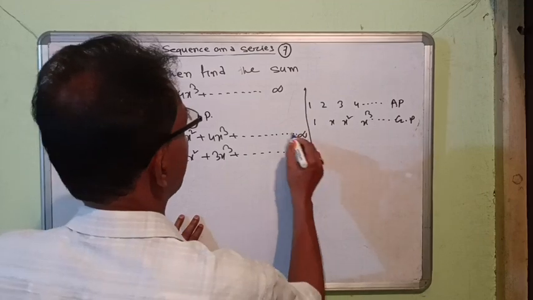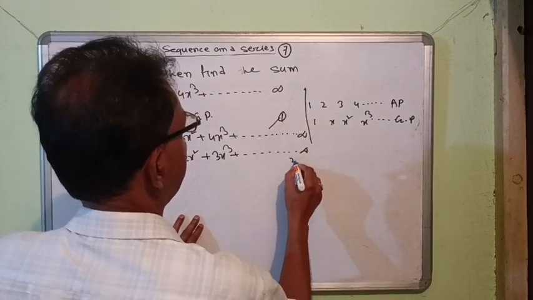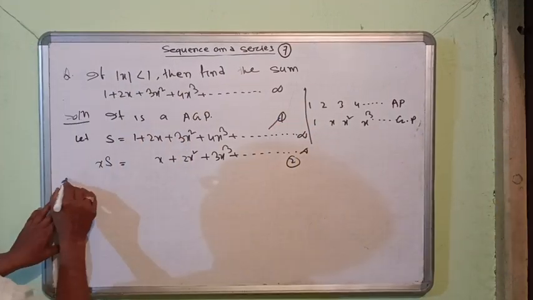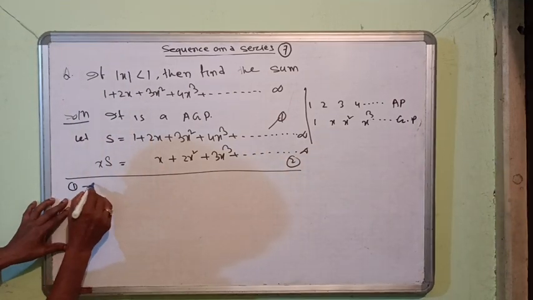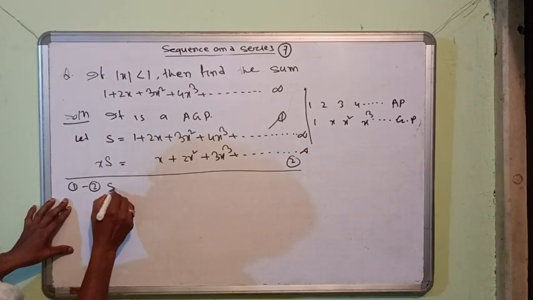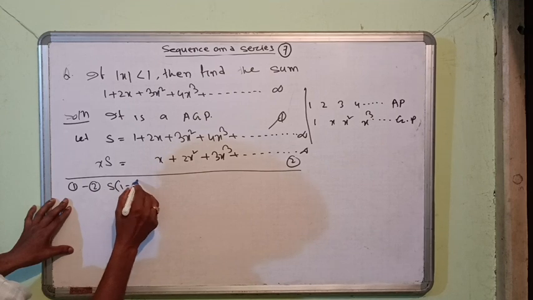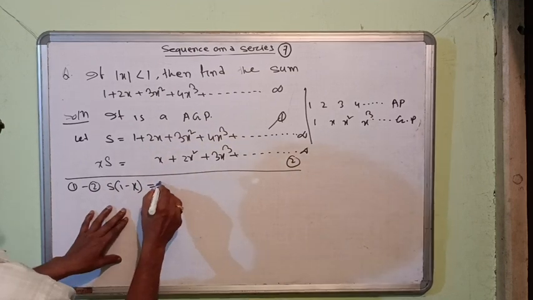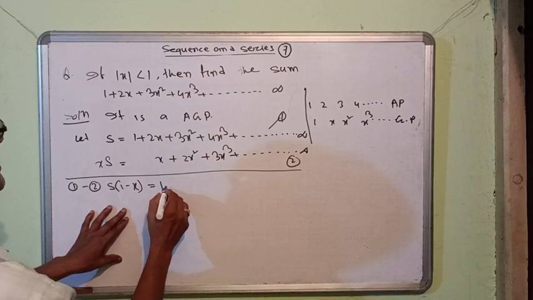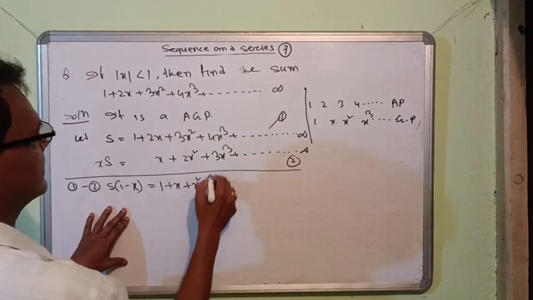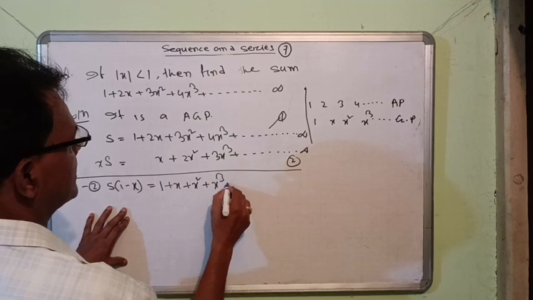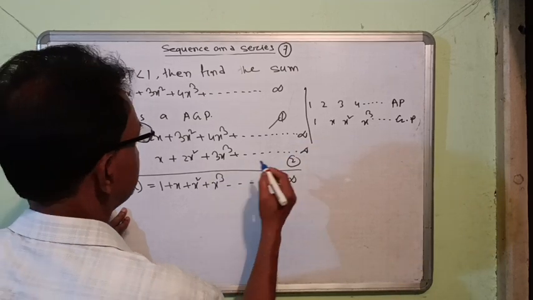Considering this as number 1 and number 2, if we subtract, that means 1 minus 2, then taking S common, we get S into (1 minus x). This equals 1, then this minus this we get x, this minus this x squared, this minus this x cubed, and so on to infinity.